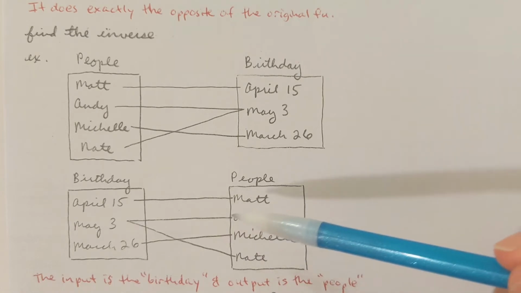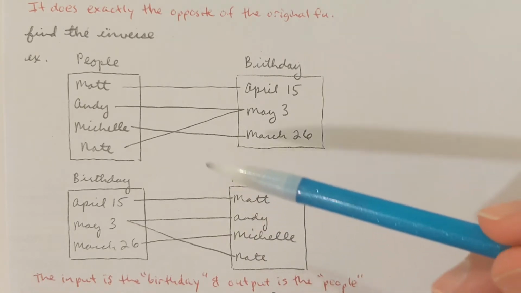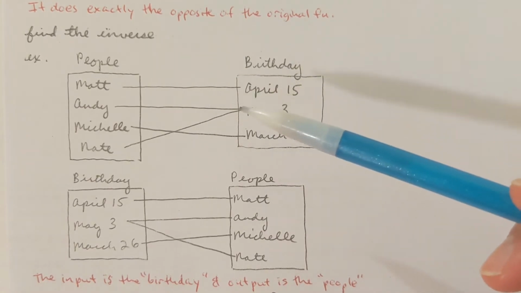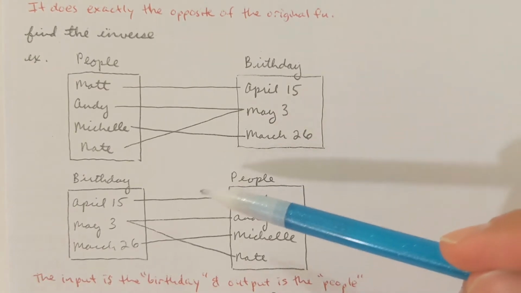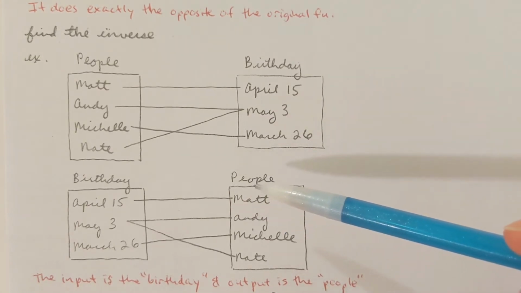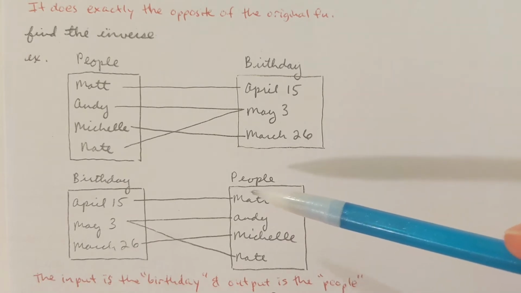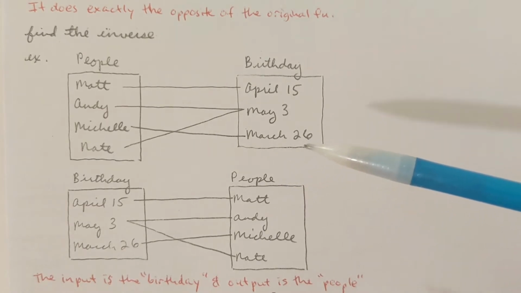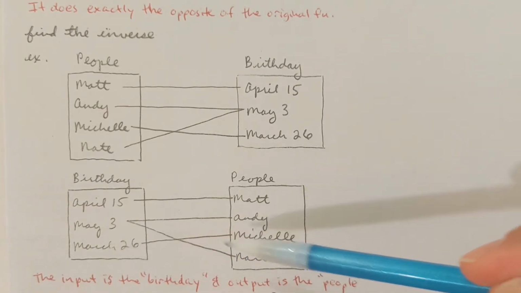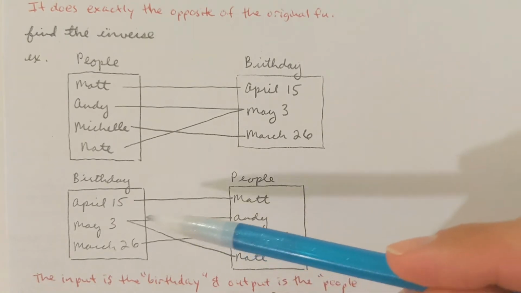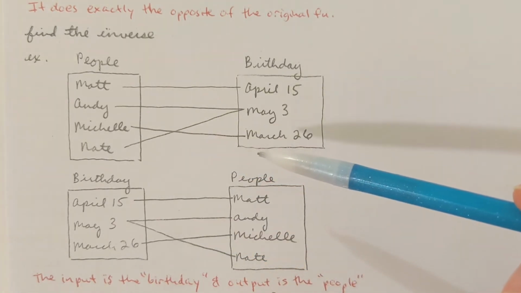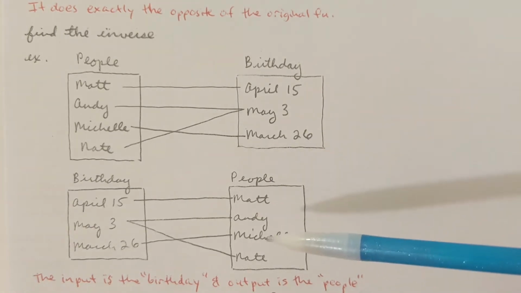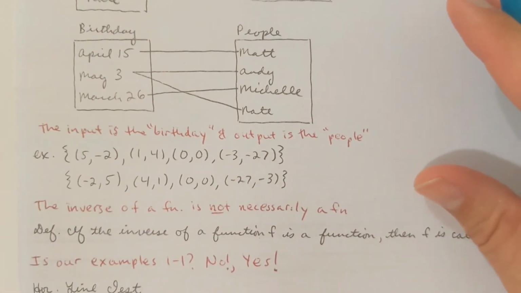Now, notice how f of x does not have an inverse here, or it has an inverse, but it is not a function. Okay, because I got May 3rd going to Andy and Nate. Of course we can only have one output value going, not two different output values.